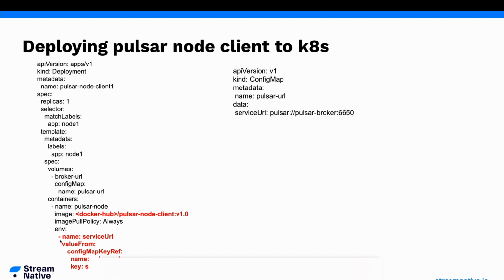The config map can replace the environment, so for the service URL, this is your location. You can change it when you deploy the config map. This way, your deployment can pick up the broker location from the environment. This is the template you can use to deploy your Node.js app from Docker to Kubernetes.